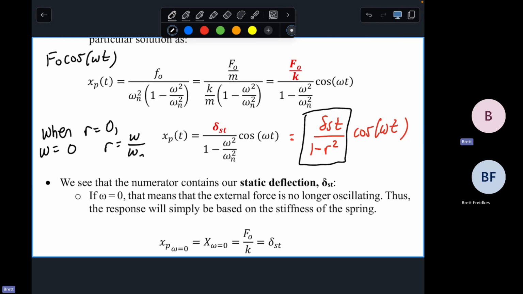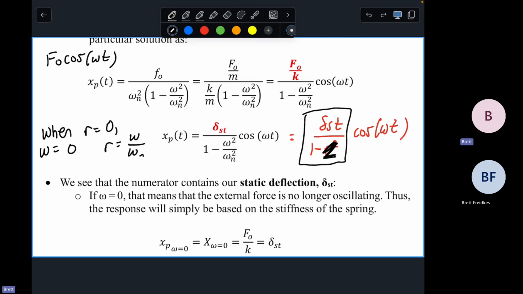So that constant is going to pull the mass, and that's it. It's just hanging out, and that's equivalent to the static deflection. Because if I have some constant force, it's not oscillating. It's just static. The mass is still because of that force. So when r equals 0, we see that our amplitude is equal to the static deflection.